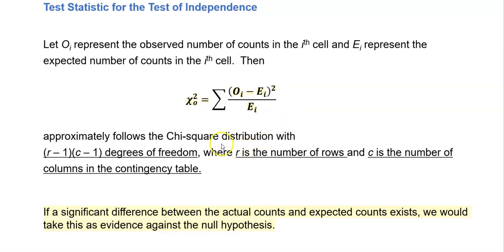However, the degrees of freedom of this chi-square distribution is the number of rows minus 1 times the number of columns minus 1. So if a significant difference between the actual counts and expected counts exists, which means that the observed chi-square statistic is too large, then it shows evidence against the null hypothesis.